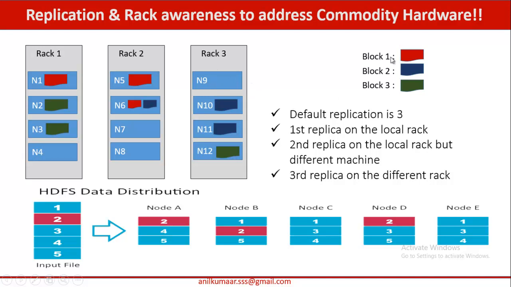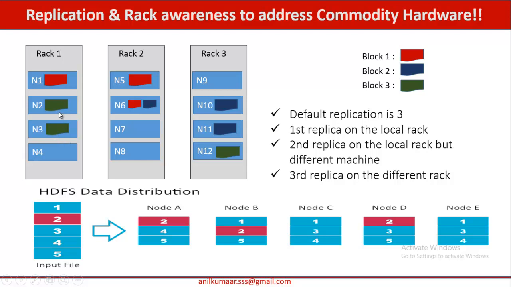Look at this. For example, I'm having a color coding here, like block 1, block 2 and block 3. So in rack 3 on machine number 12, I'm having one replicant here, and 2 more replicants of this block 2 are placed in rack 1, that too on a different machine, not on the same machine, right?